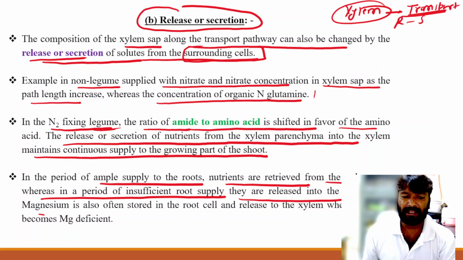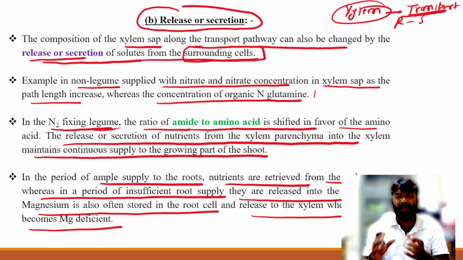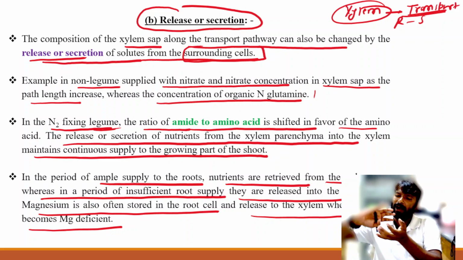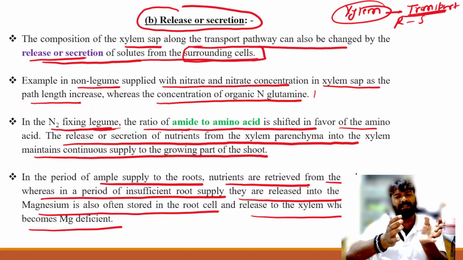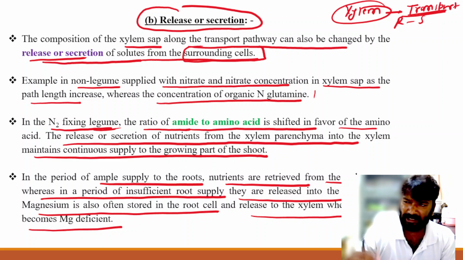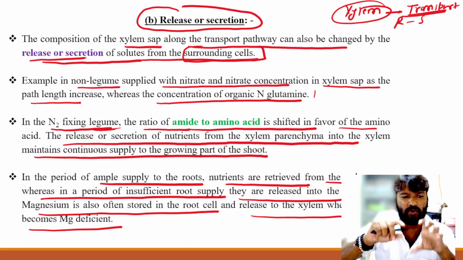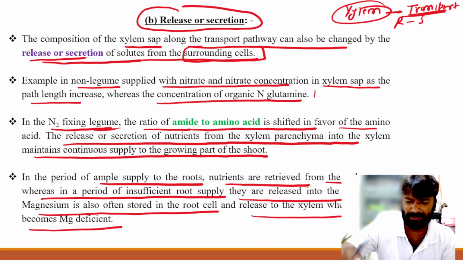Magnesium, for example, is often stored in the root cell and released to the xylem when the shoot becomes magnesium deficient. It works like a bank: when you have more, store it there, and when you have less, it will be released or secreted. So it is very clear how the concentration of xylem sap depends upon these two factors, release and secretion, and retrieval.